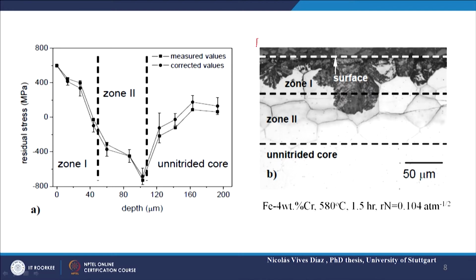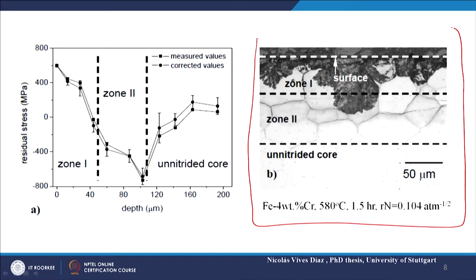Now, in the overview lecture, we have also said that thermochemical surface engineering treatments have to be tuned not only to get the highest hardness at the surface, but also to get a desirable residual stress state. Often we need compressive residual stress states. What is shown here is the light optical micrograph of iron 4 weight percent chromium with the nitriding conditions, and the white dashed line is the surface of the sample.